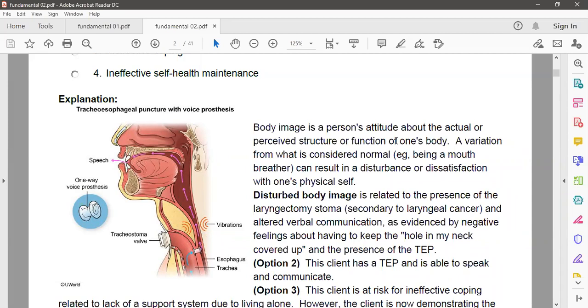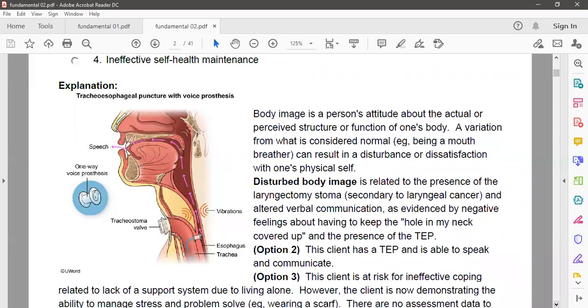In Maslow's hierarchy, physical demand is the top priority. After that, we can think about safety, outlook, and so forth. So a variation from what is considered normal can result in disturbance or dissatisfaction with one's physical self.